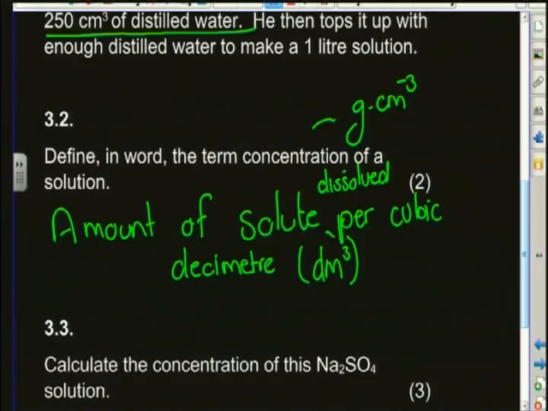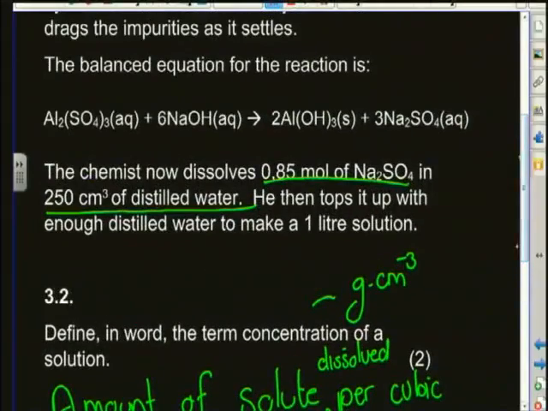Okay? Now they ask you, calculate the concentration of the sodium sulfate solution. All right, so now we look at this and we go, he dissolves 0,85 moles in 250 centimeters cubed, and then, not done, tops it up to make a 1 liter solution. Be careful, okay?